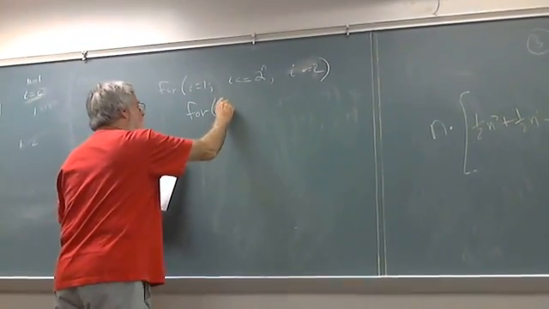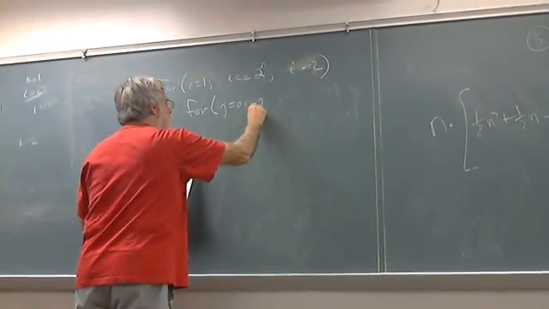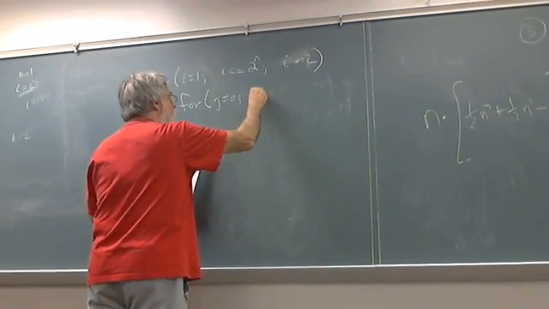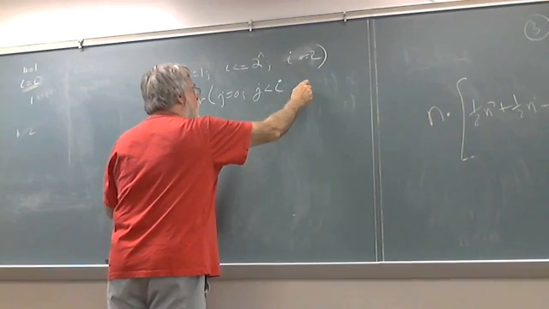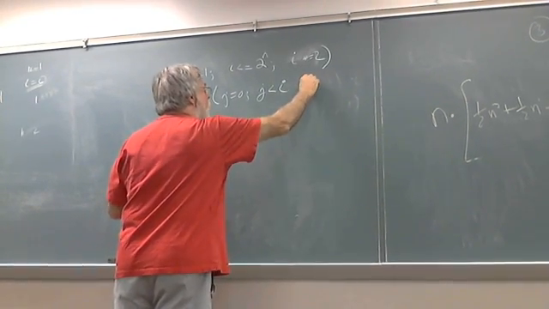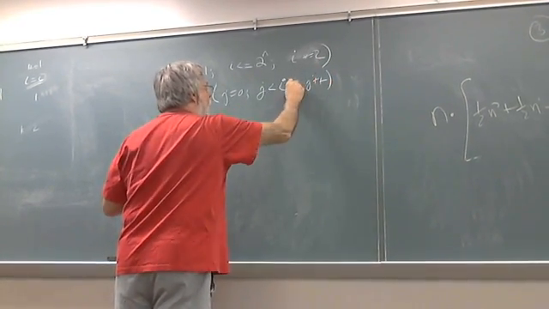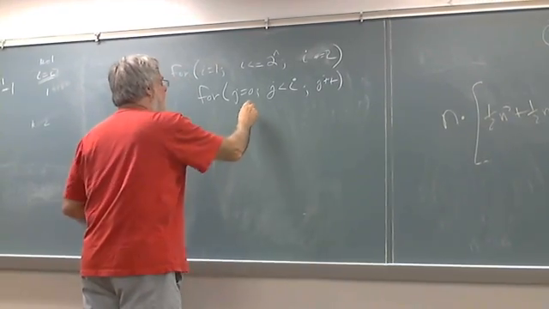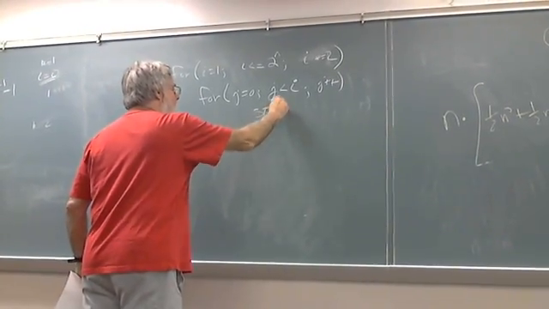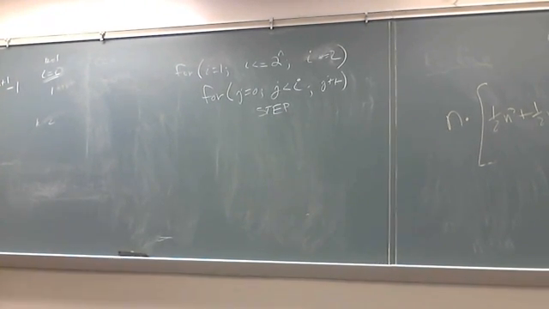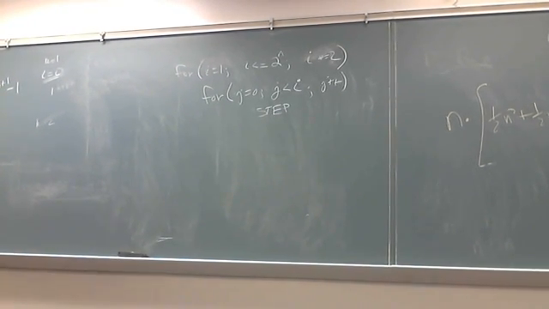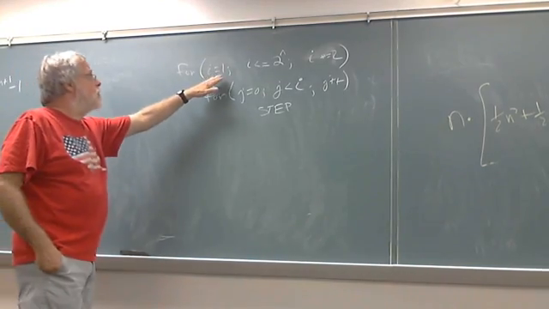For j equals 0, j less than I, j plus plus. And what we're doing is a step. Let's look at this. The very first value for I is 1.